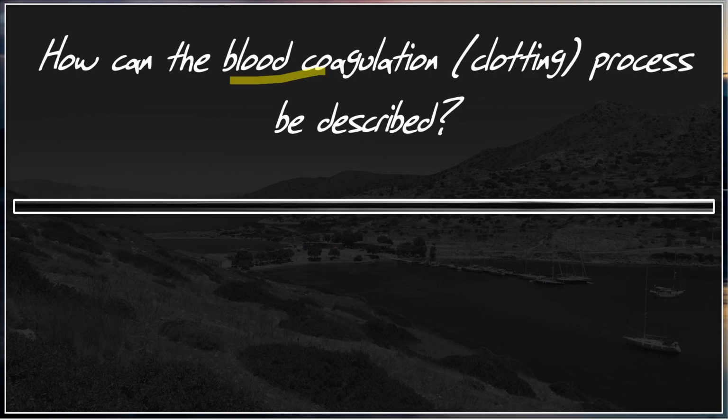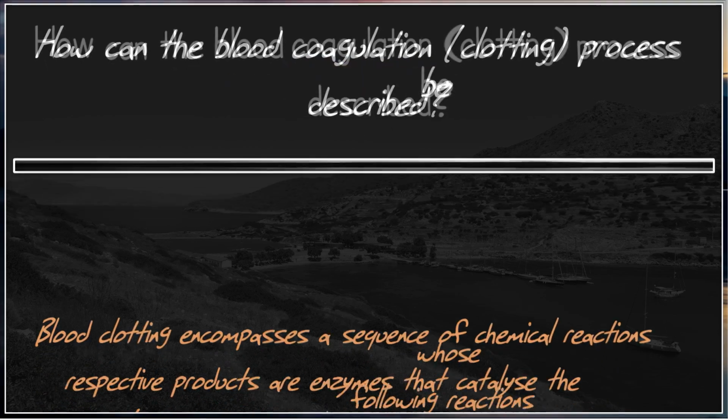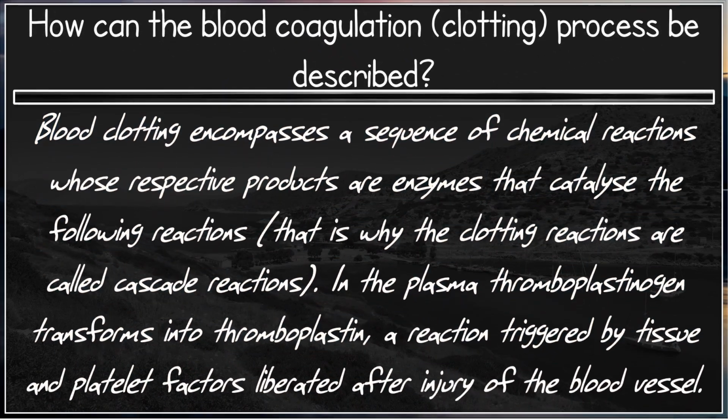How can the blood coagulation process be described? Blood clotting encompasses a sequence of chemical reactions whose respective products are enzymes that catalyze the following reactions.